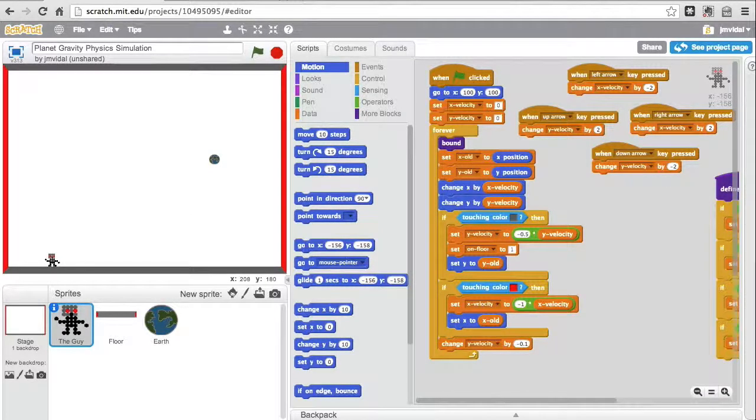Let me explain using little pictures. I'm going to move this guy over here somewhere and stop him. So what's happening right now is, let's say he's here, and his velocity is going that way. So that's done by these arrows.